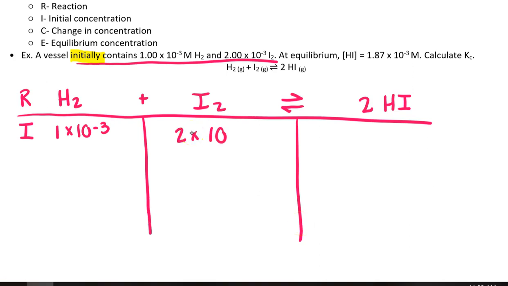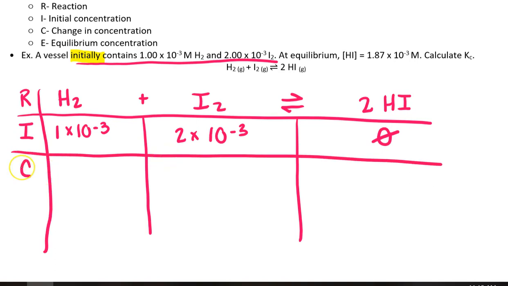We don't have an initial concentration for our product, but let's think about this. Initially, before the reaction occurs, everything would be a reactant. Before the reactants are allowed to react, we don't have any products. So whenever we are doing a rice table, the initial concentration of your products is always going to be 0.